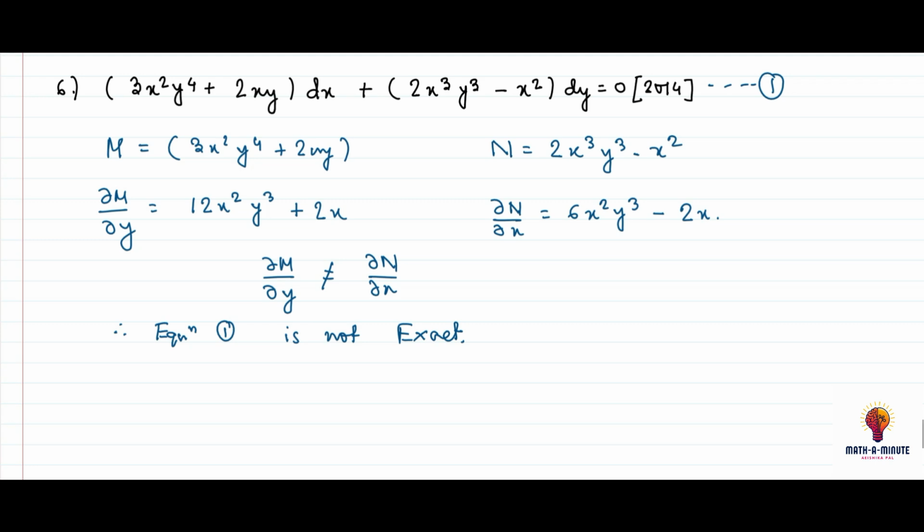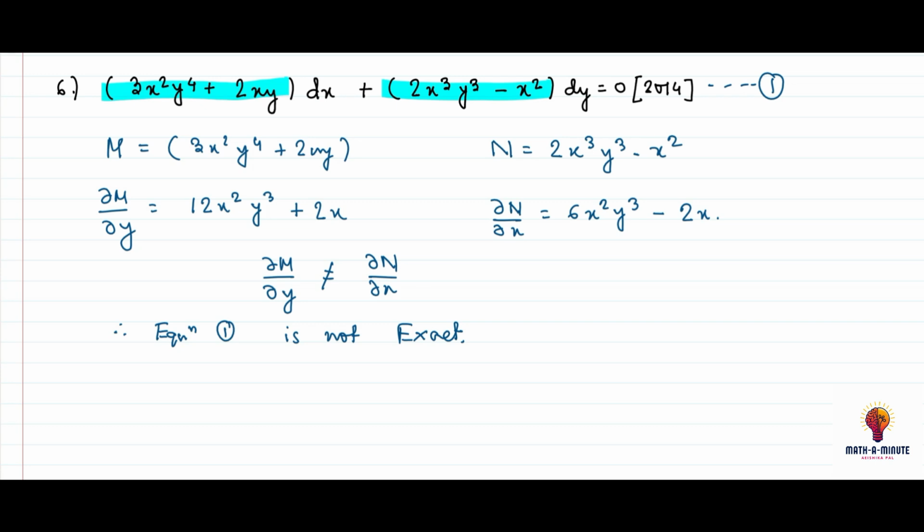Now if we take y common from this M, this function is not a function of xy, and also if we take x common from this M, this function cannot be a function of xy. So it's very clear that rule 4 is not applicable for this.